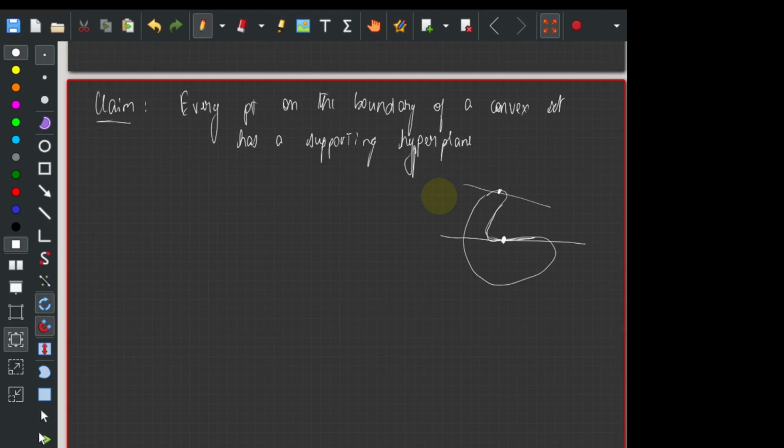Remember, the separating hyperplane theorem says that given any two convex sets for which the intersection is empty, there exists a hyperplane which separates these two. What I want to show is that just using this alone, every point on the boundary has a supporting hyperplane.